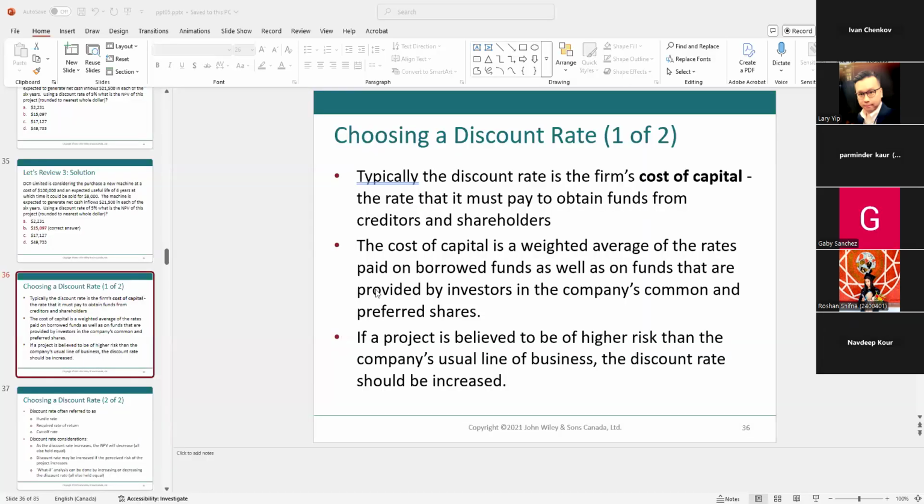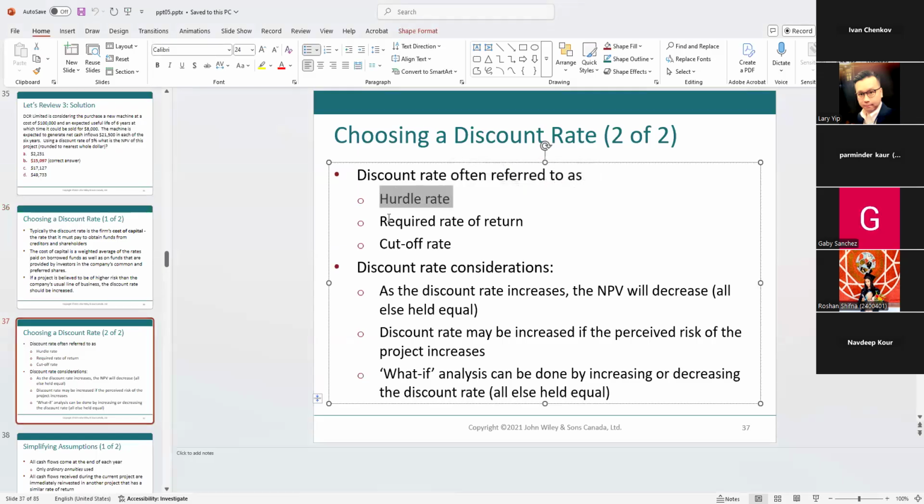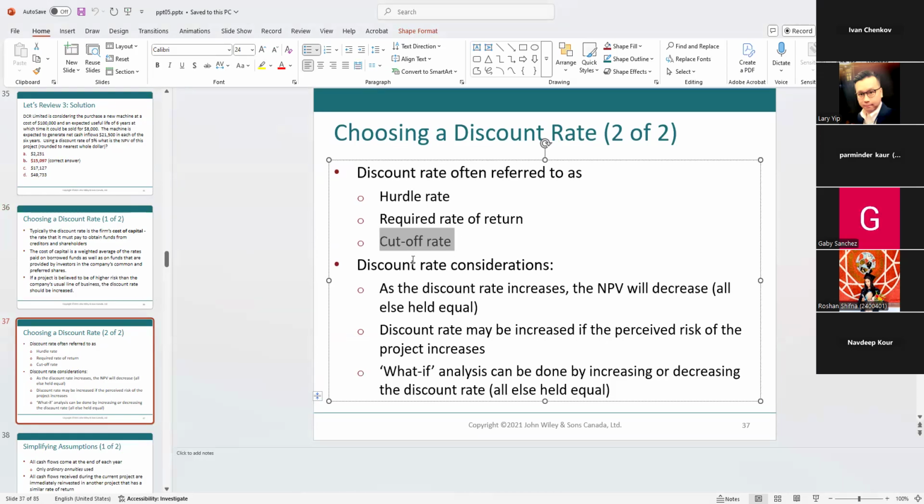The cost of capital can be the discount rate, which is the weighted average rate of the money that you borrow plus the money that the investors are paid. The discount rate is also going to be called the hurdle rate, the required rate of return, and the cutoff rate.